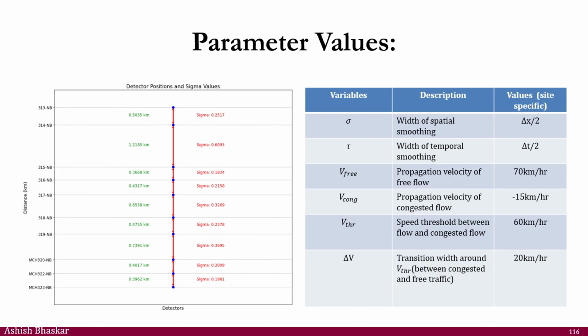If I apply my piecewise constant model, any speed I observe here will be constant for this portion of the network. So 1.2 means 600 meters from here, 0.5 means 250 from here. So 850 meters like this, half of that, half of this. Any speed here will be constant for that portion. That is the piecewise constant.